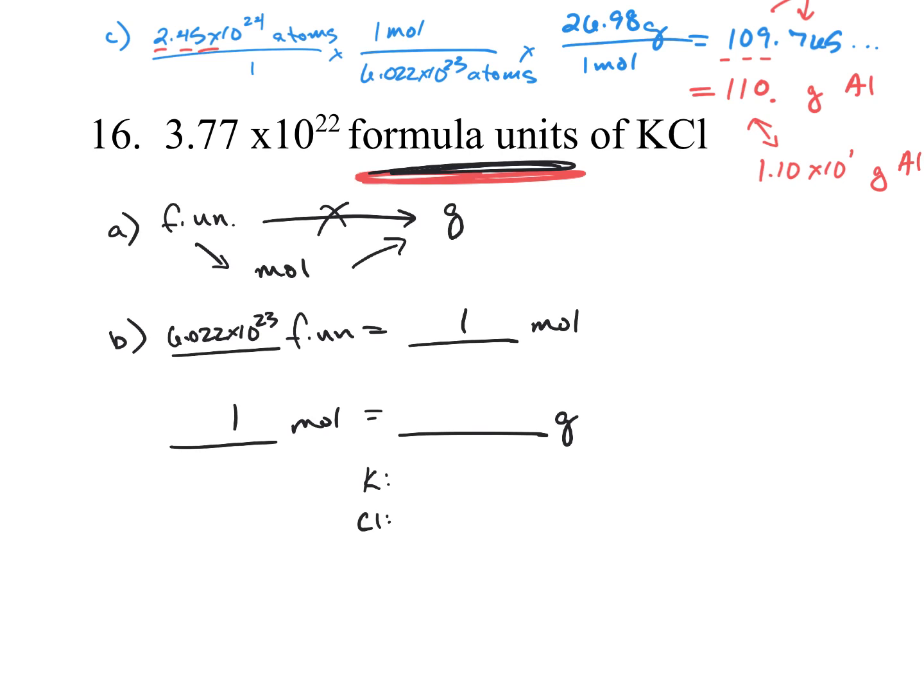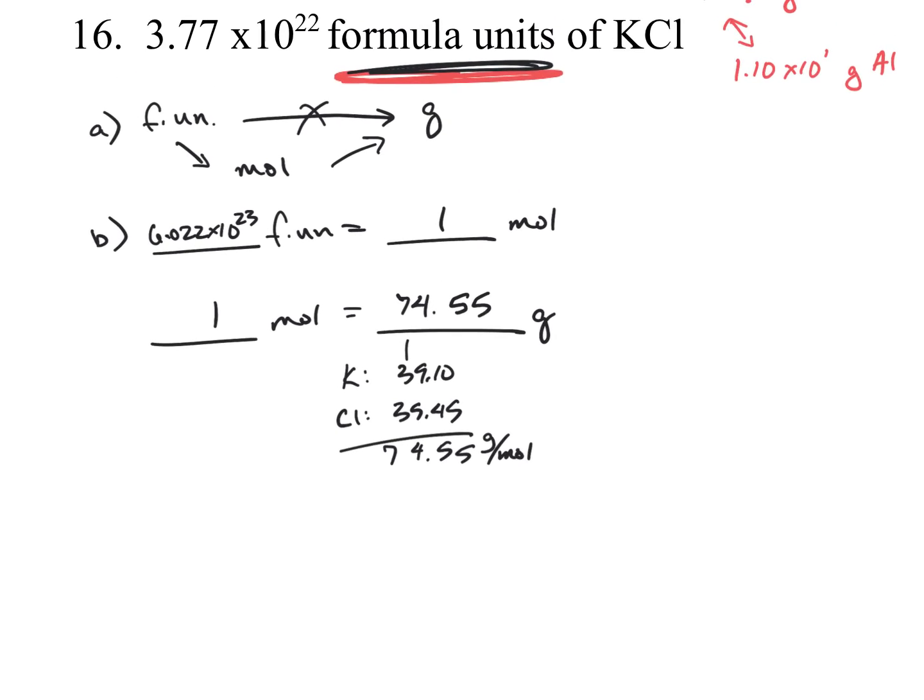So potassium is 39.10, and chlorine is 35.45. If you were to add these together, that's 74.55 grams per mole. That's the molar mass for potassium chloride, which really just means if you have 1 mole, you have 74.55 grams of potassium chloride.